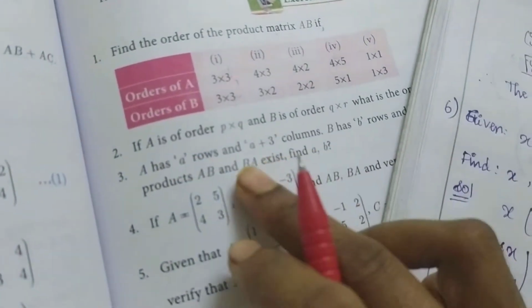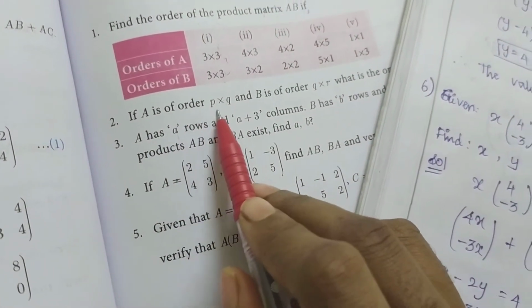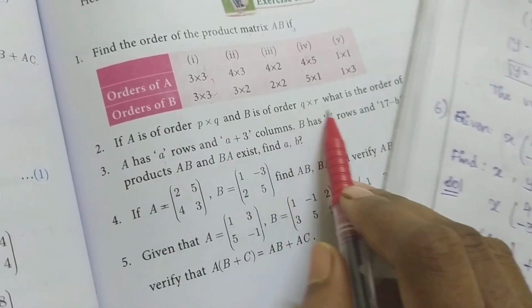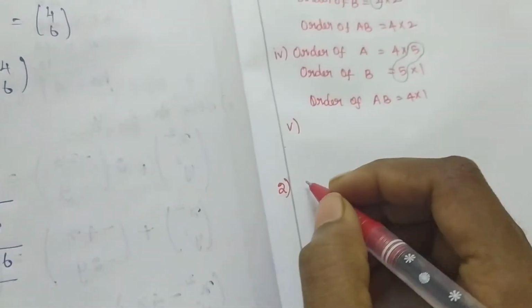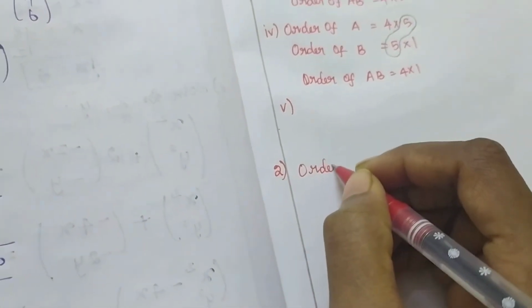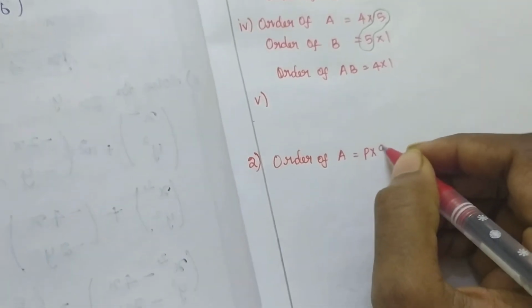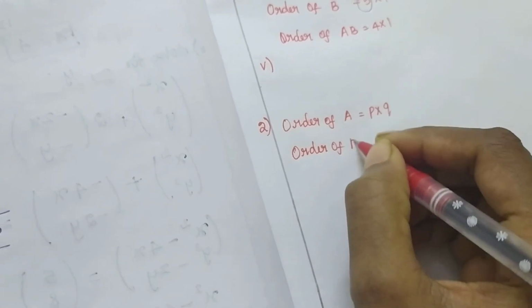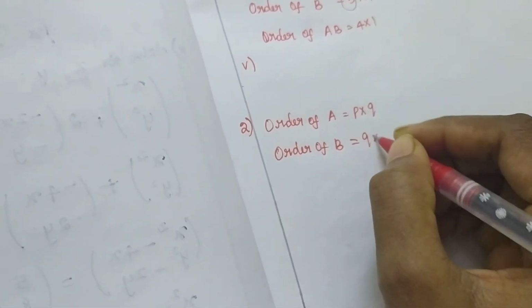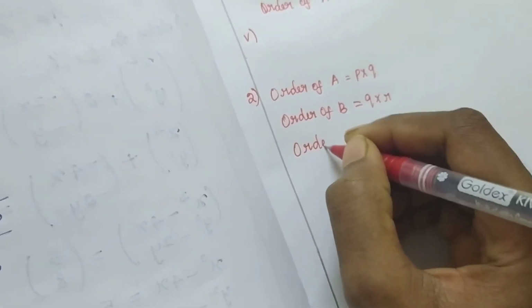And the second one, what I am having: if the order of A is equal to P cross Q and the order of B is equal to Q cross R, what is the order of AB and BA? So what do you have? Order of A is equal to P cross Q. Then order of B, this is given, order of B is equal to Q cross R. So what is the order of AB?